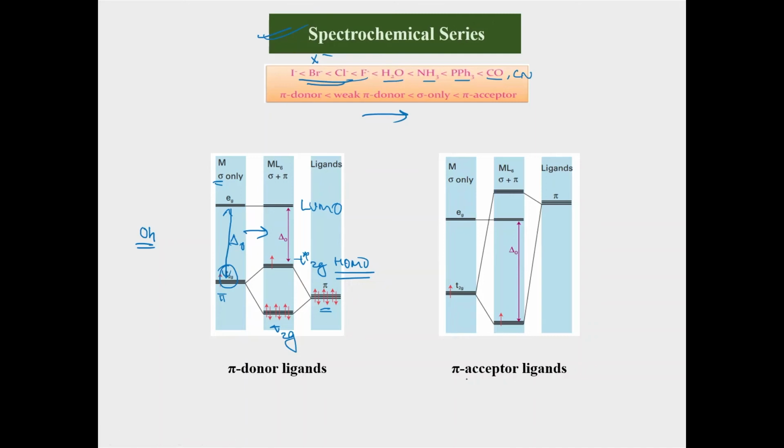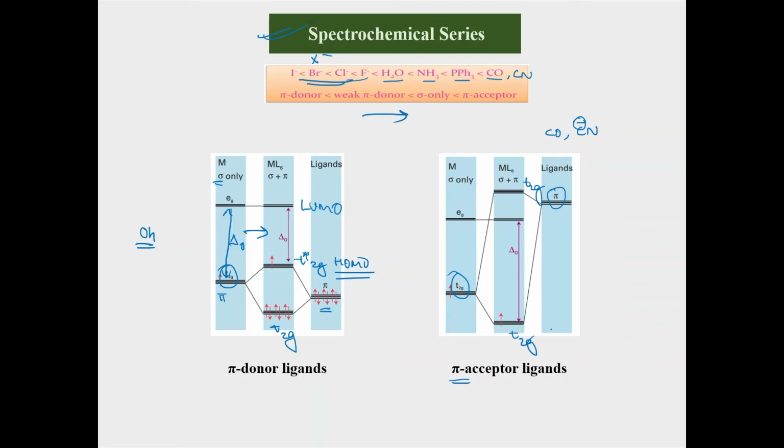Whereas in the case of pi acceptor ligands, because of the presence of empty pi star orbitals, like in carbonyl ligands and cyanide ligands, this pi star will lie higher in energy, and we will have the T2g and Eg orbitals. Again this T2g and pi star orbital interact with each other and result in a bonding and antibonding set of T2g and T2g* orbitals.